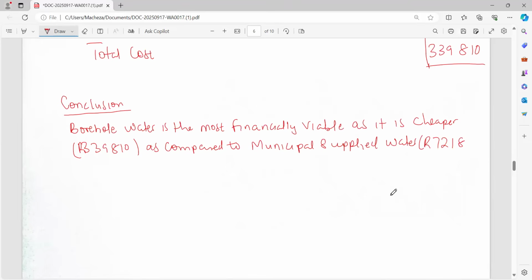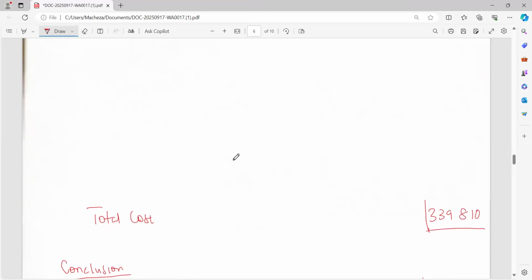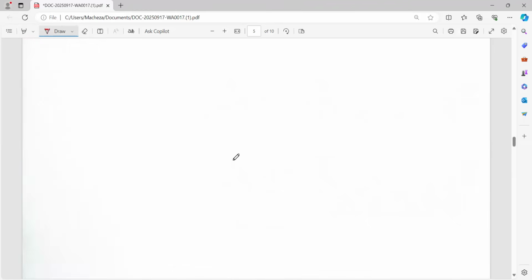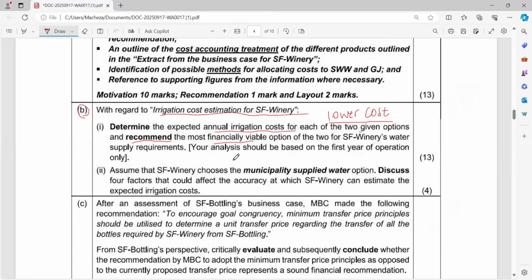Right, so we'll be done with that question. That is our B1. The most important thing in our MAC is to understand the topics, so that when you are answering, you link your question to the topic. Which topic am I supposed to apply here? I think that's where everything goes wrong if you don't understand the topics.